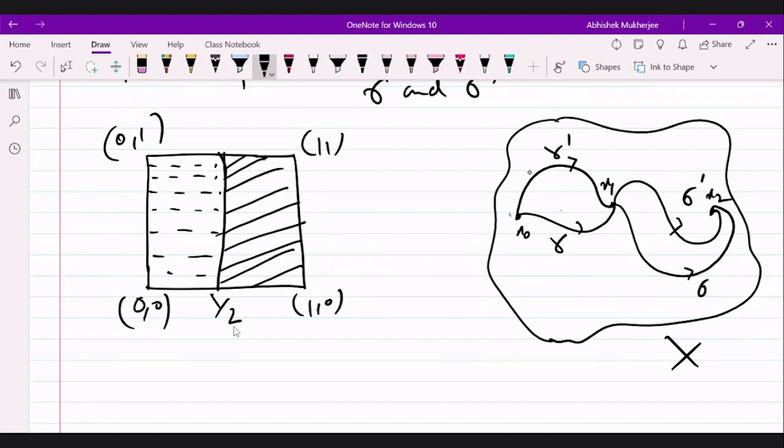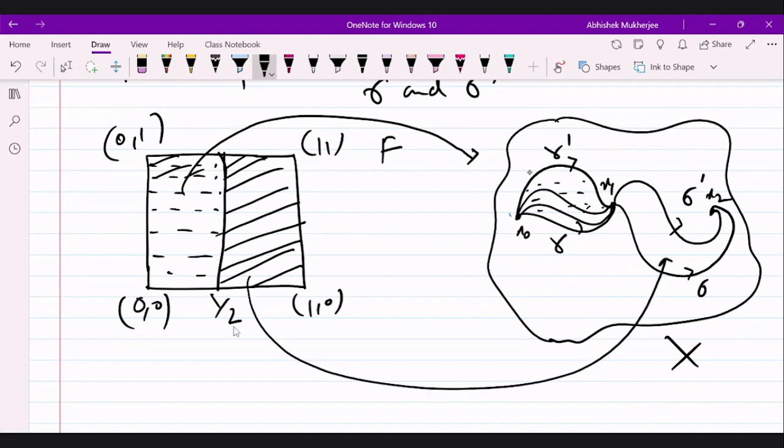Okay. So what we are doing here? We are taking this part. This part will be occupied by this one. So this is your F. And this part will be occupied by this one.